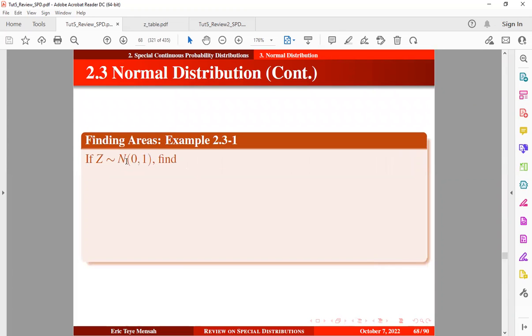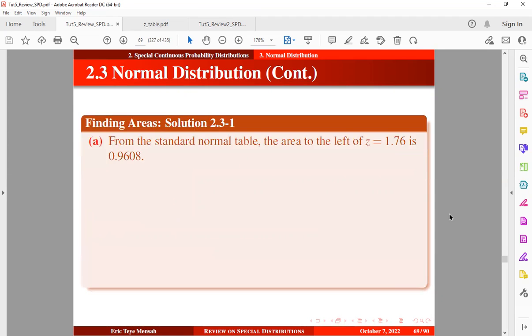All right, so let's take an example. If Z follows a standard normal distribution, we want to find the probability that Z is less than or equal to 1.76, and secondly, the probability that Z is greater than 1.76, and also that Z is less than minus 2.02, and lastly, that's not the least, we want to find the probability that Z is between minus 0.75 and 1.32. So let's take a look at the solution.